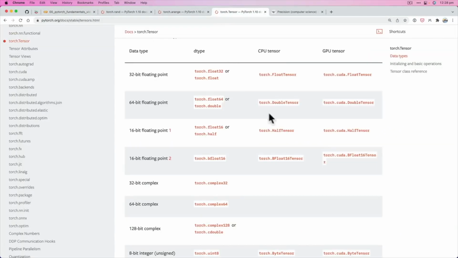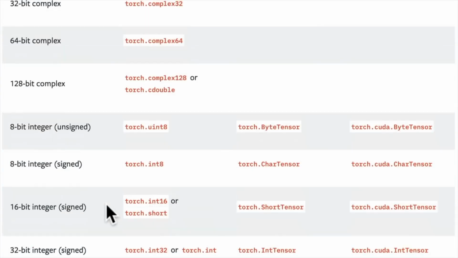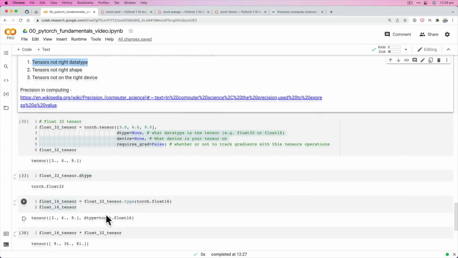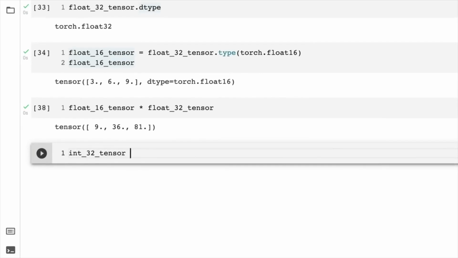So let's try another type. Maybe we try a 32-bit integer. So torch.int32, and we try to multiply that by a float. Wonder what will happen then. So let's go int32 tensor equals torch.tensor, and we'll just make it 3.